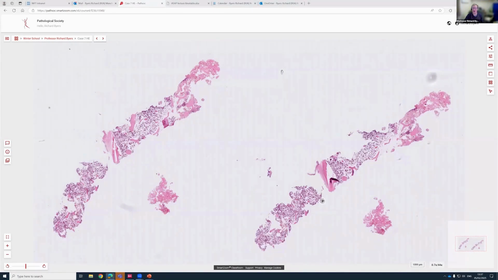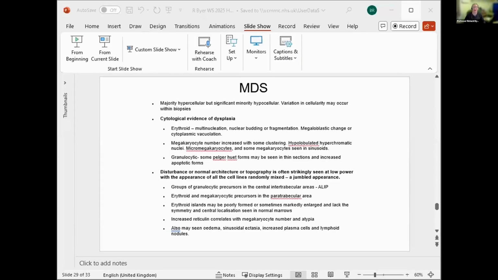Just a couple of things to say about MDS. For the purpose of the exam, it is probably an easy diagnosis because you'll get a hypercellular marrow and a peripheral pancytopenia. But what you're looking for is cytological evidence of dysplasia, so abnormal erythroid features, which are mainly seen on the aspirate, and it's a combination of aspirate and trephine diagnosis.